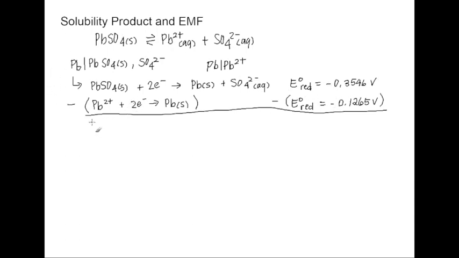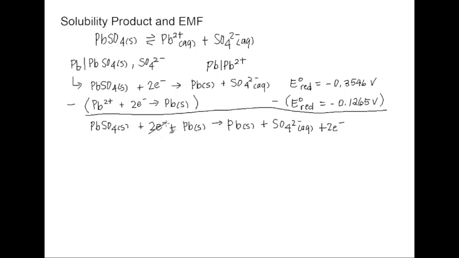If we add the two equations, we get lead sulfate plus 2 electrons plus solid lead forming solid lead plus sulfate plus 2 electrons.